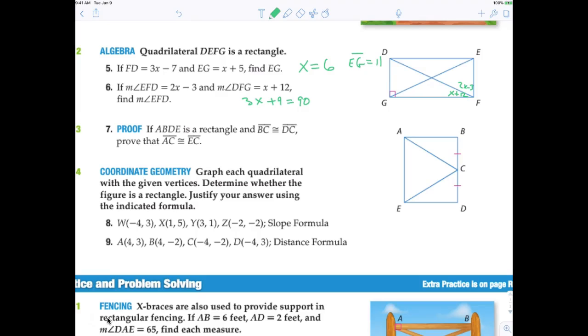So divide by 3, x plus 3 equals 30. So x is equal to what? I got x equals 27. Now it says EFD. So what is that? 51 degrees. Anybody else get that? Yeah, 51 degrees.